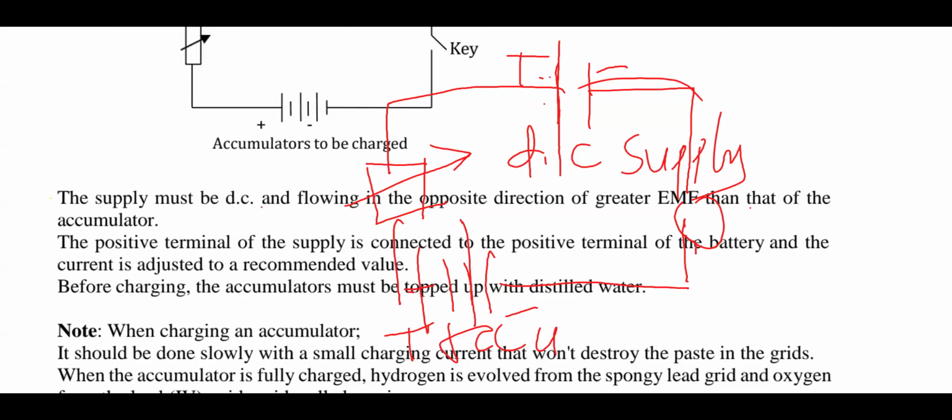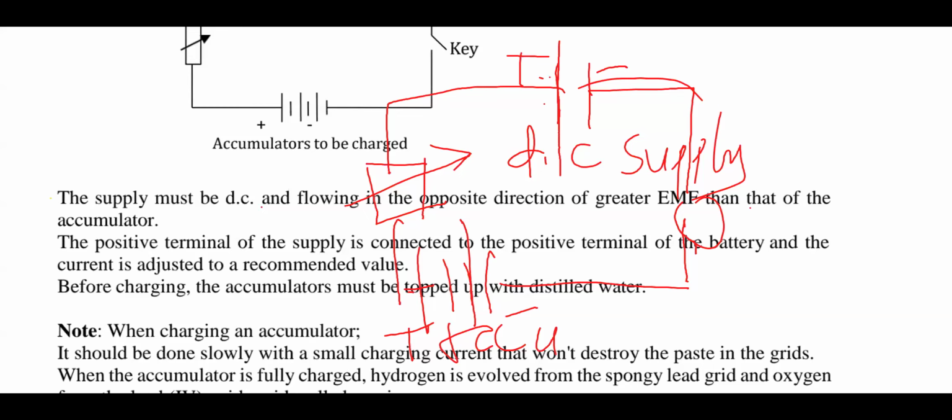That's the first thing you need, because we can't pour the whole acid into it. We pour distilled water in order to dilute the acid which is inside. Remember, we have sulfuric acid inside, so we top up with distilled water in order to dilute that acid.